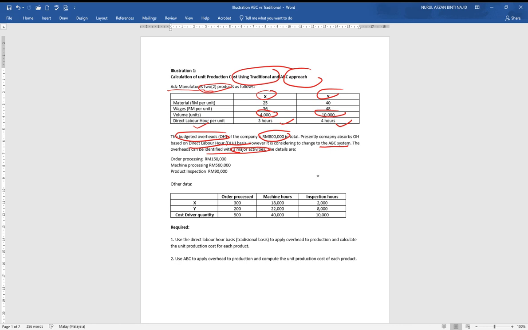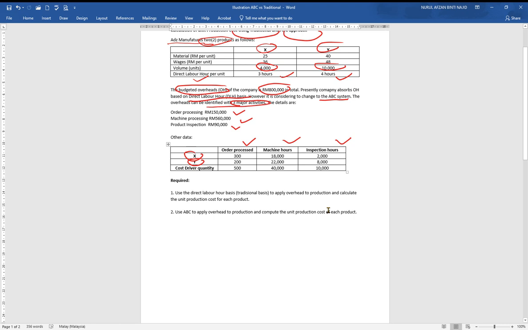So we have order processing, machine processing, and also product inspection. We also have the other data relating to the order process, machine hour, and inspection for product X and also product Y, and also given is the cost driver quantity for each of the activities.